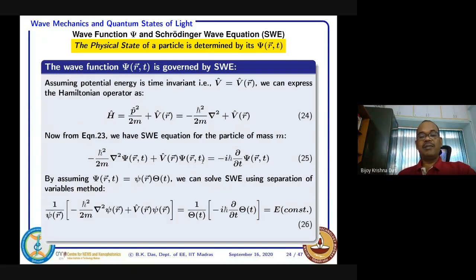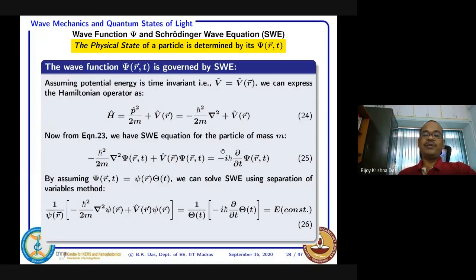But this function psi(r,t) is heavily dependent on the nature of the potential energy, V(r). Suppose V(r), the potential energy, is known to you, and then you try to find out the value of psi.